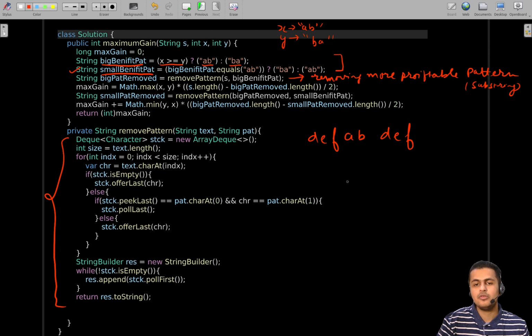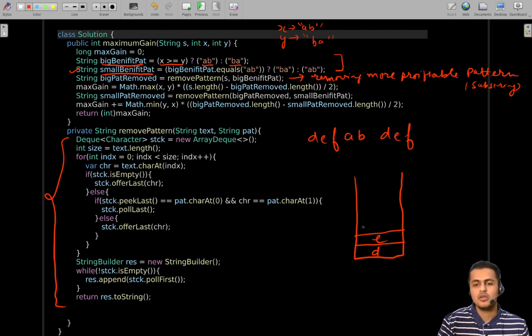So what we will be doing is, we will be using a stack like structure. We will be pushing everything onto the stack. Although it is a doubly ended queue, I will tell you why we are using a doubly ended queue, but right now it is behaving as a stack.